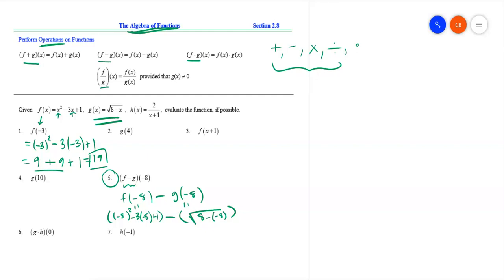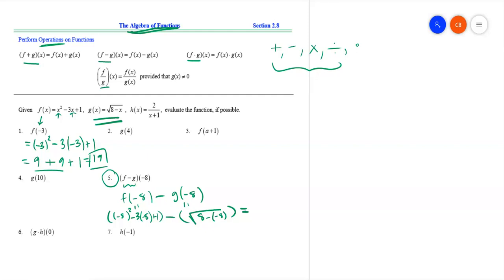And so hopefully it's clear why I put negative 8 in those places. If it's not, I would direct you to refer to the previous example and get it nailed down in your mind how to plug a number into a function.